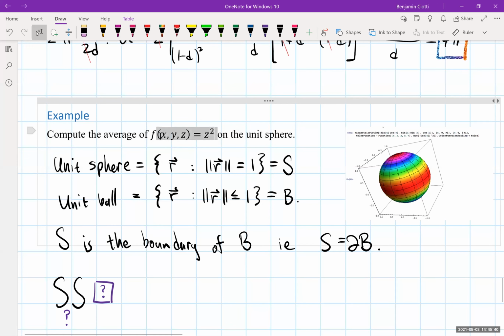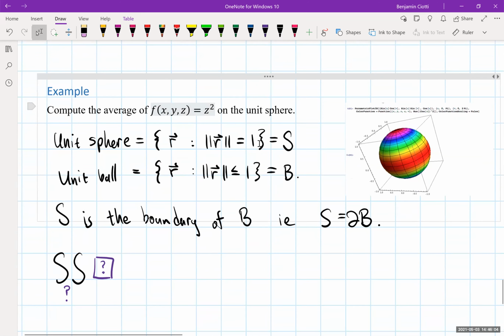That would be the best physical interpretation I could give for why you would do this calculation: it would be used to calculate the moment of inertia of a hollow ball, that is, of a sphere. If you think of a sphere as a hollow ball, then this would calculate the moment of inertia, and it would give you an idea of how fast it would roll, or how easy it is to make it spin.